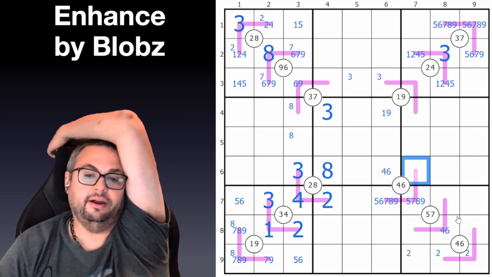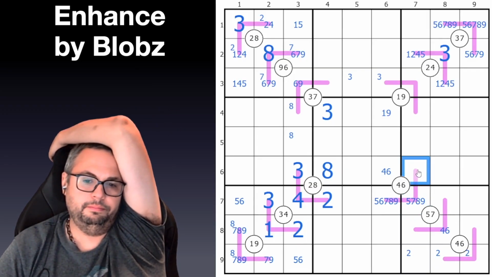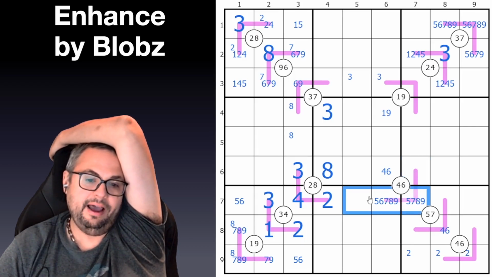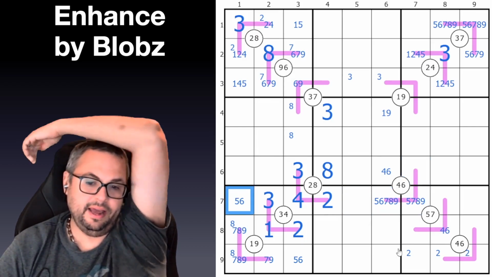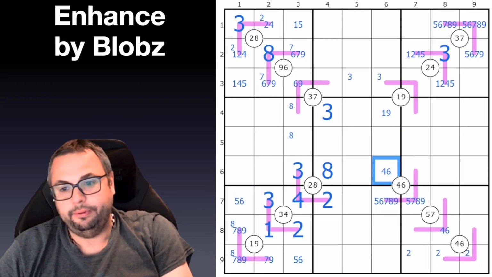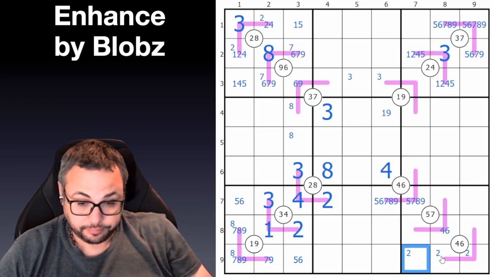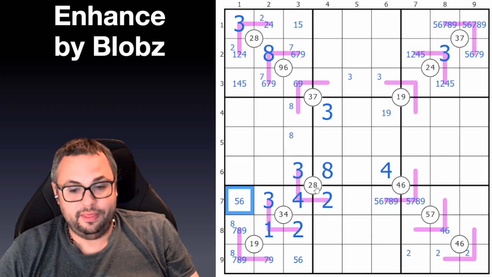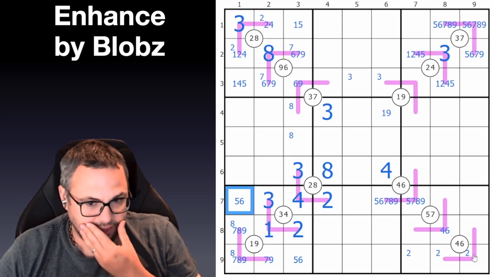Oh, in fact, this cell just can't be 4 at all, is the point. Because if this was 4, these would have to be 5, 6, and that would break that cell. So actually, the only place for a 4 is that one. I didn't fully appreciate the power of that before.